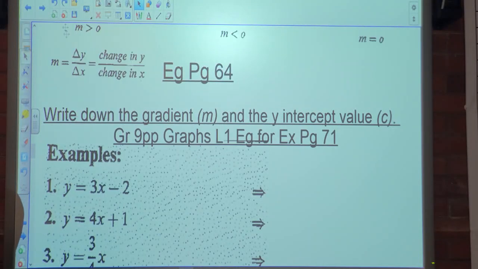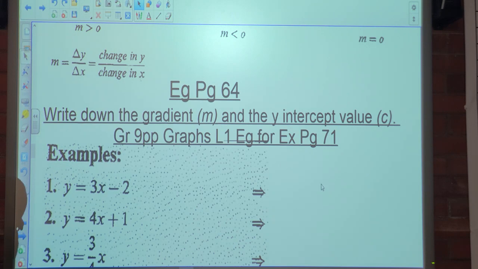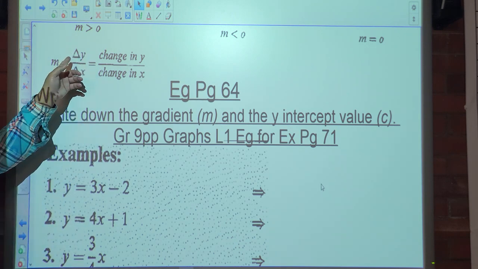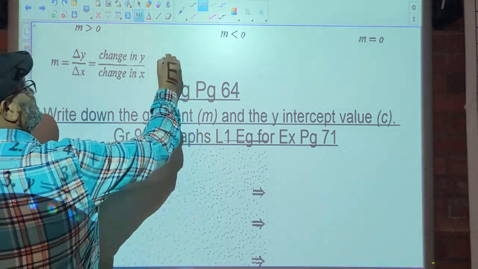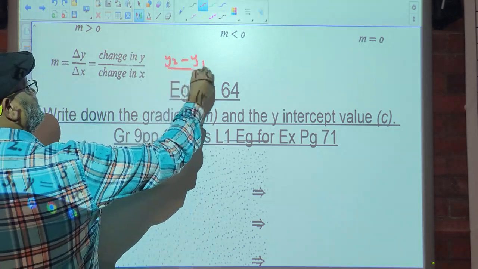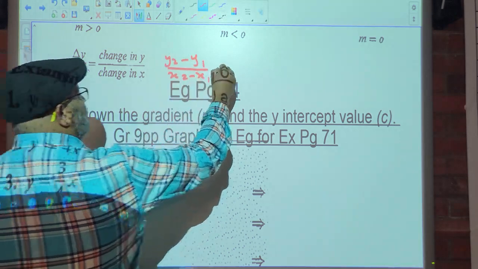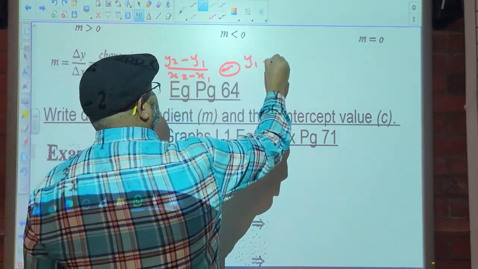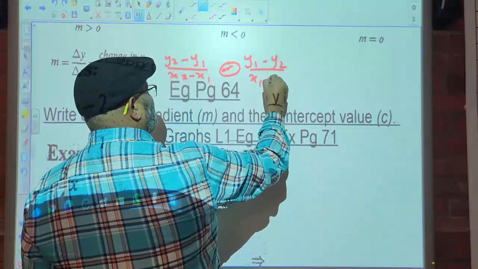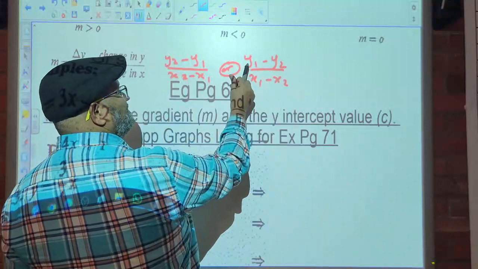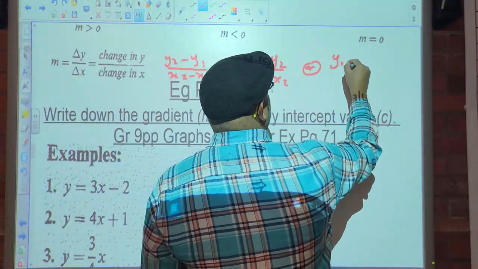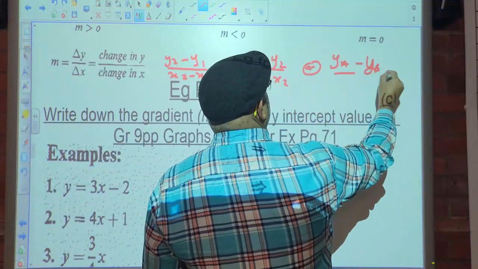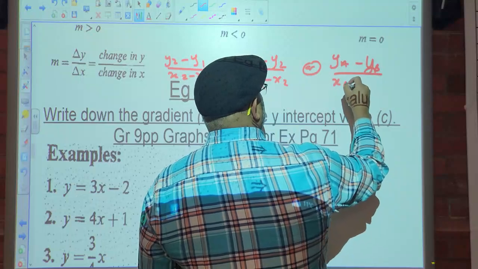To calculate m, what is m? Your gradient. How do you calculate the gradient? Delta y over delta x, so it's changing y over changing x. What do we calculate it as? y2 minus y1 over x2 minus x1. Or y1 minus y2 over x1 minus x2. If you got y1 first, x1 must be first. Or ya minus yb over xa minus xb.